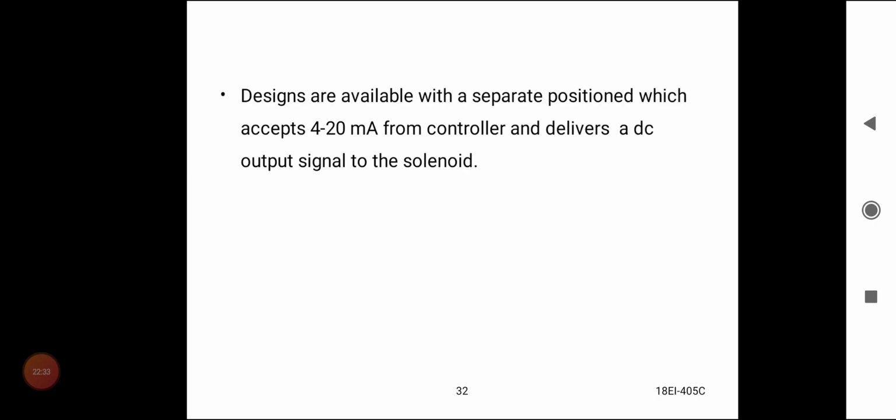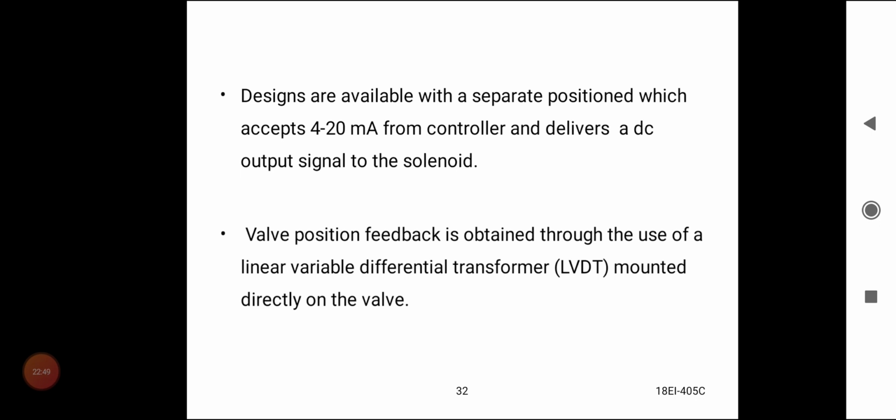Designs are available with a separate positioner which accepts 4 to 20 milliamps from the controller and delivers a DC output signal to the solenoid. Valve position feedback is obtained through use of a linear variable differential transformer, LVDT, mounted directly on the valve.